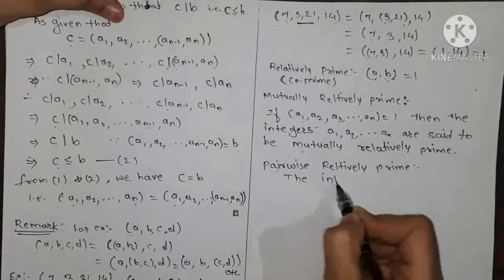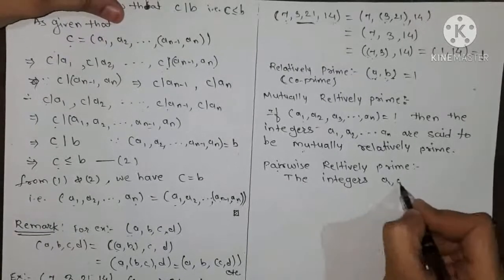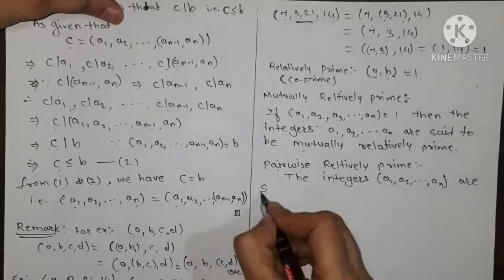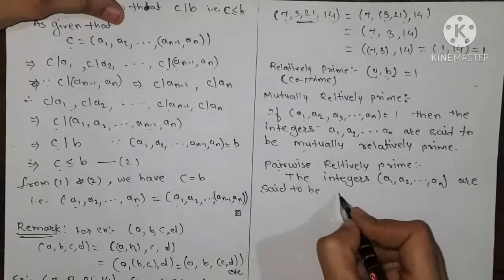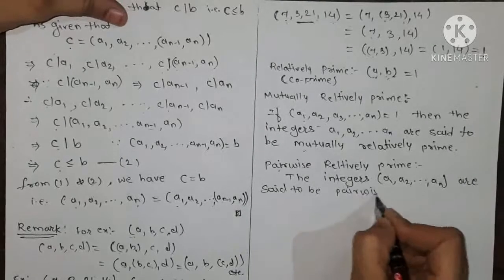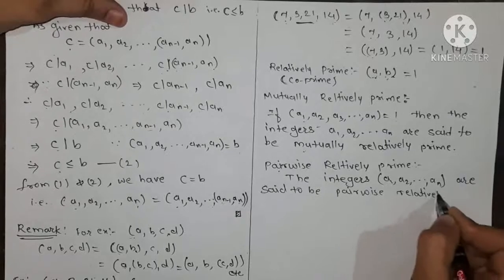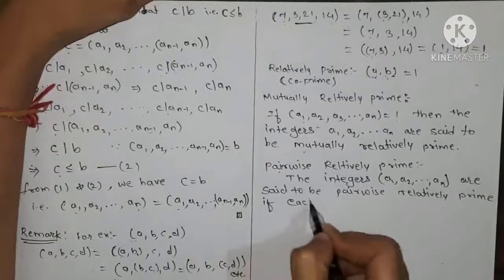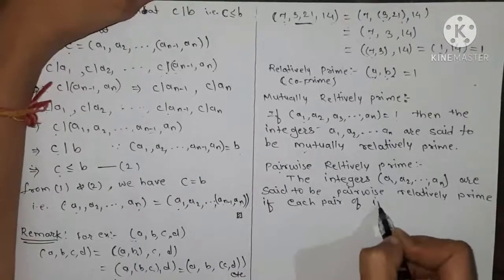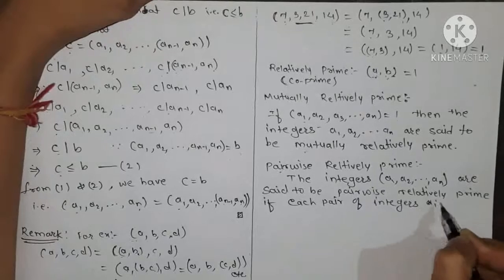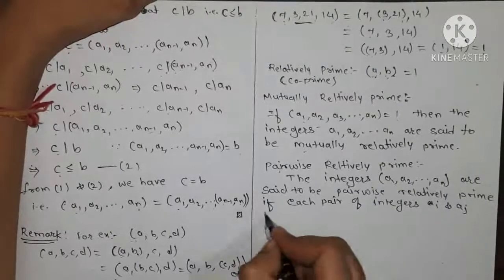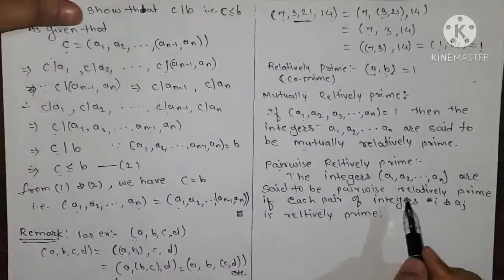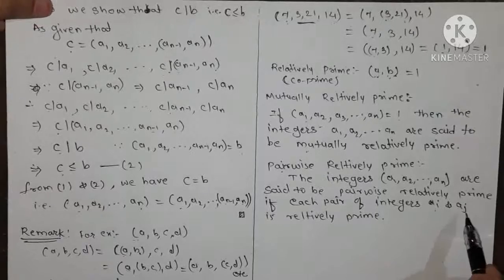The integers a1, a2 and so on an are said to be pairwise relatively prime if each pair of integers ai and aj is relatively prime. Each pair of ai and aj are relatively prime.